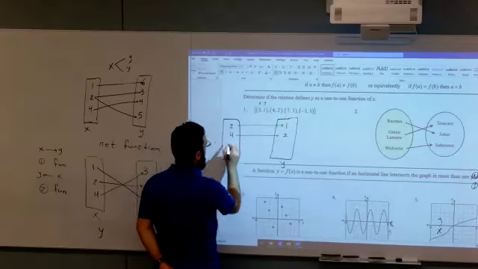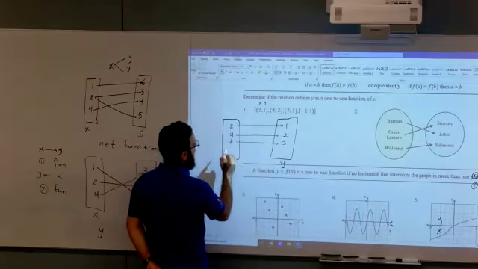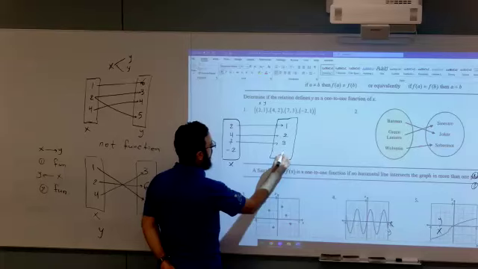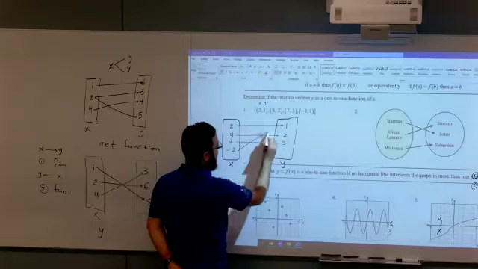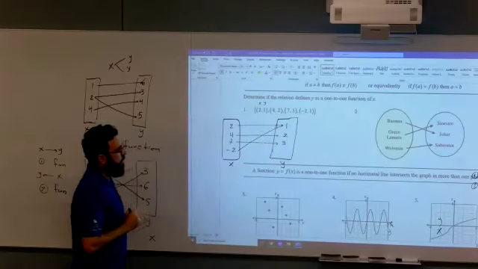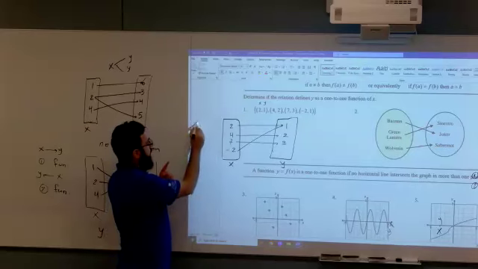Now 7 is a person going to 3. Now the last one, -2, goes where? Do I have to write down 1? It's already there. Don't repeat the numbers. It goes here.